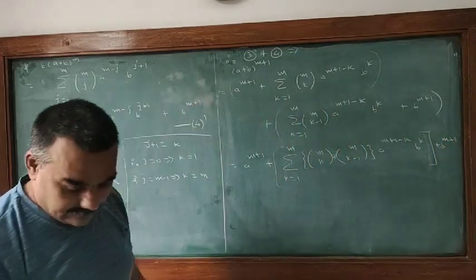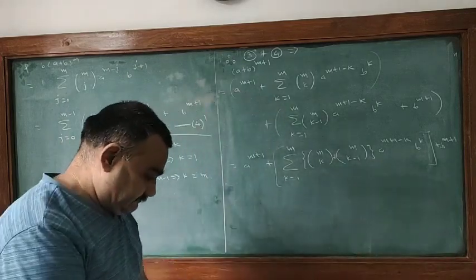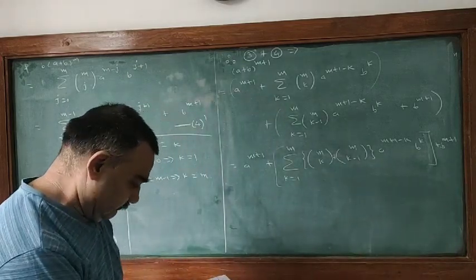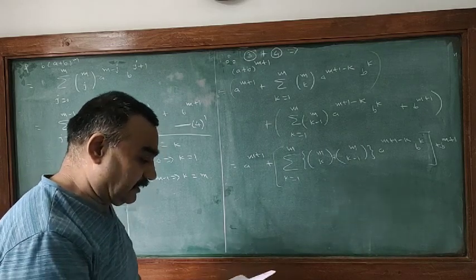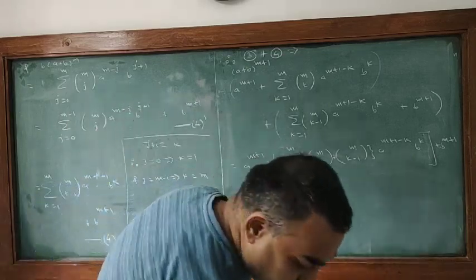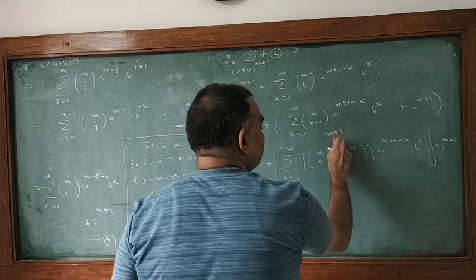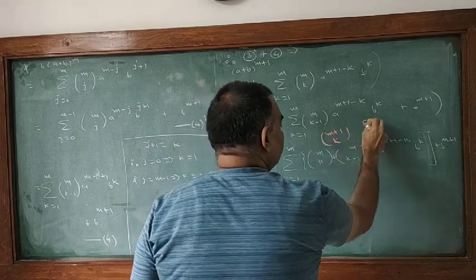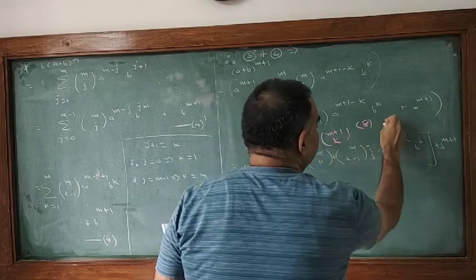Now see there, we have proved the Pascal rule. The value of this is m plus 1 Ck, that is from Pascal rule.